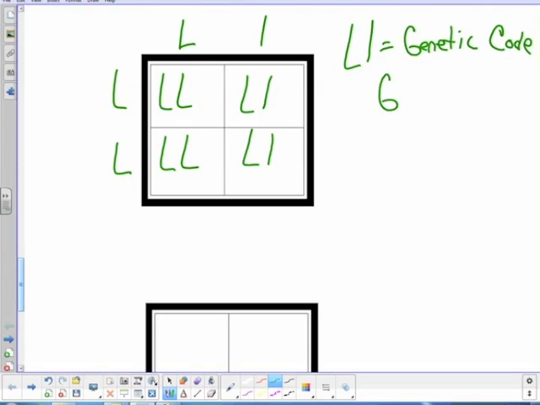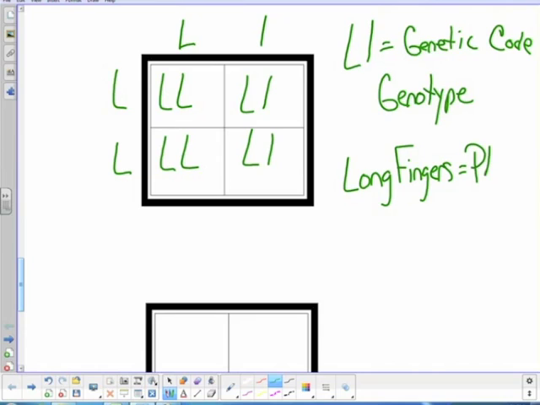And we call that genotype. The L's represent a physical characteristic. We call that phenotype.